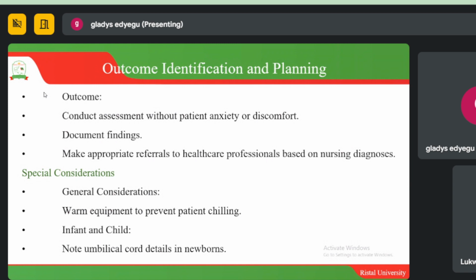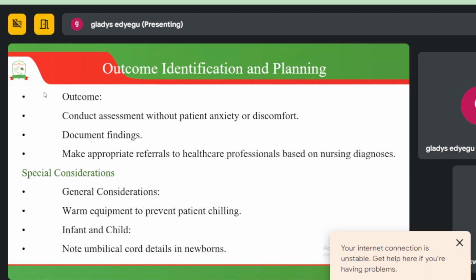So I want us also to understand some of the special considerations. So in relation, they say general considerations. One of them is to warm equipment to prevent patient chilling. So you're going to use a stethoscope basically for listening to the bowel sounds, and you very well know that the diaphragm and so forth, you're going to use to put and to auscultate.